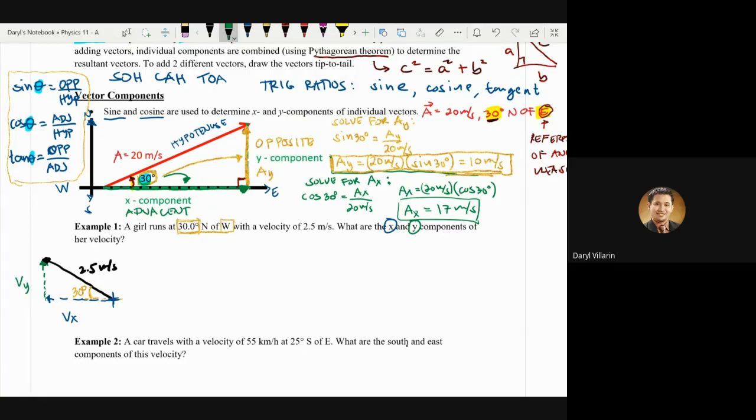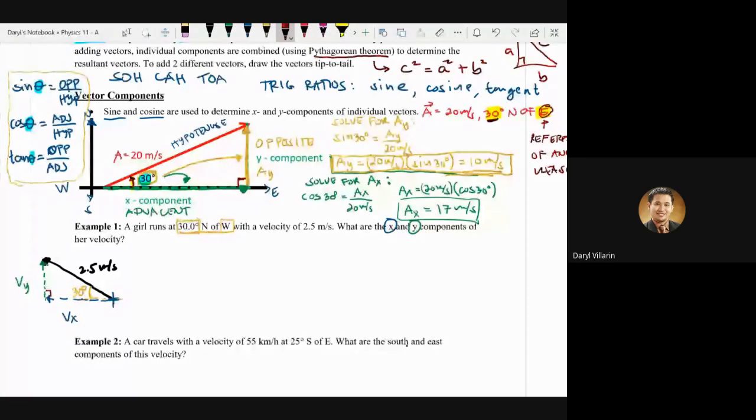So now to identify the different sides again for the SOHCAHTOA thing, the placement of those sides are specific. And it's always good to start with identifying the sides. So in this right angle triangle here, your Vx and Vy are always perpendicular to each other.